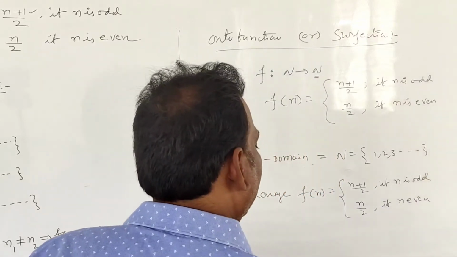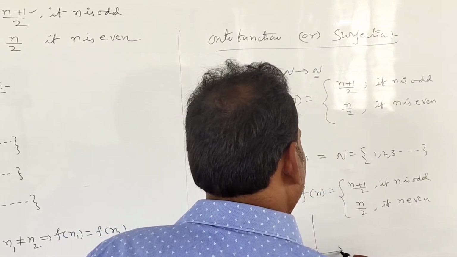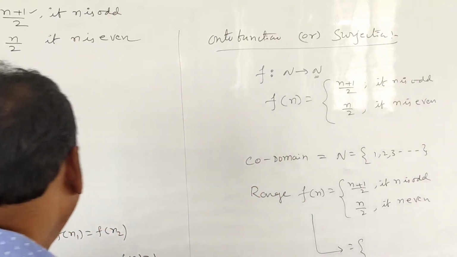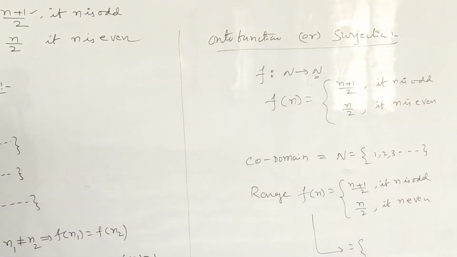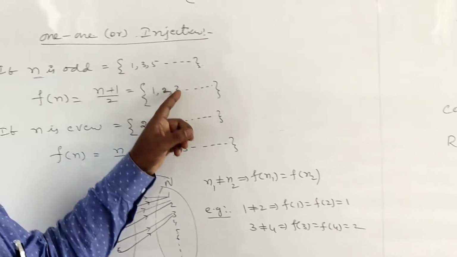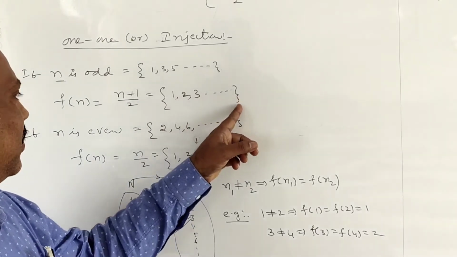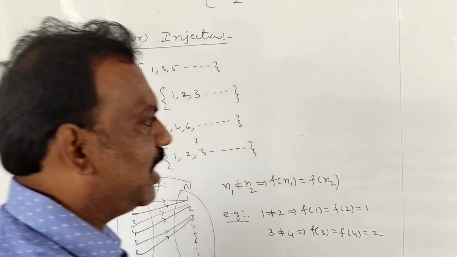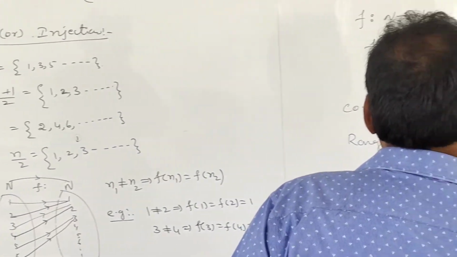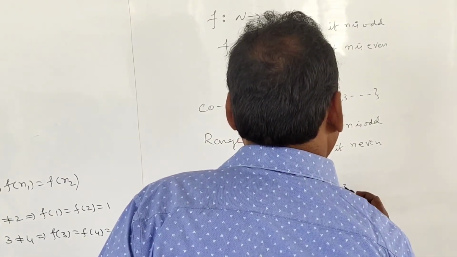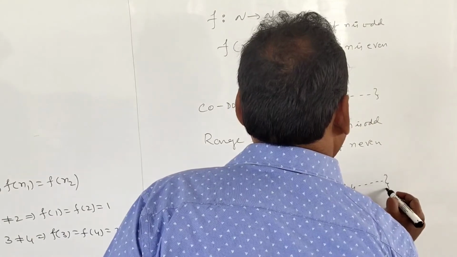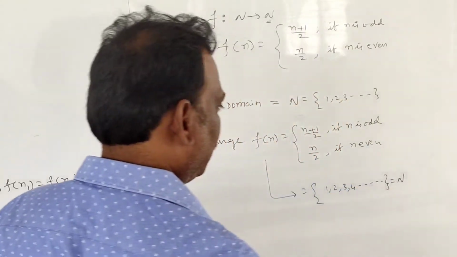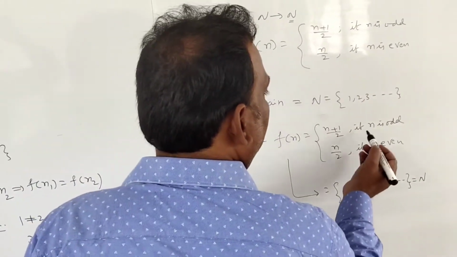So now you can check what you will get for f of n. See, already we checked here. If you substitute n as an odd number, you are getting natural numbers. If you check n as an even number, you are getting natural numbers. That means f of n you are always getting 1, 2, 3, 4 and so on, nothing but natural numbers.